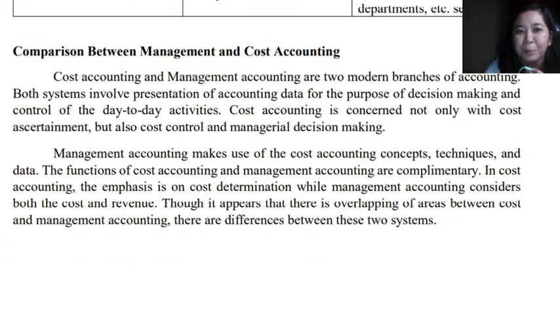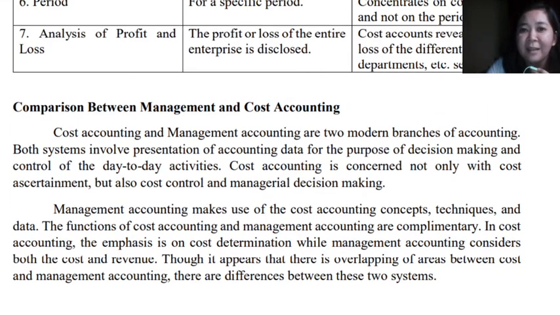What if we compare management accounting and cost accounting? Here, cost accounting and management accounting are considered to be the modern branches of accounting. Both of them involve presentation of accounting data for the purpose of decision making and control for the day-to-day activities of an enterprise.